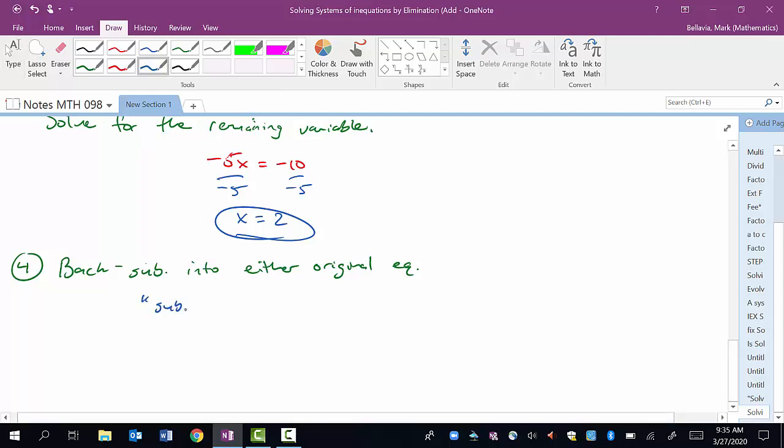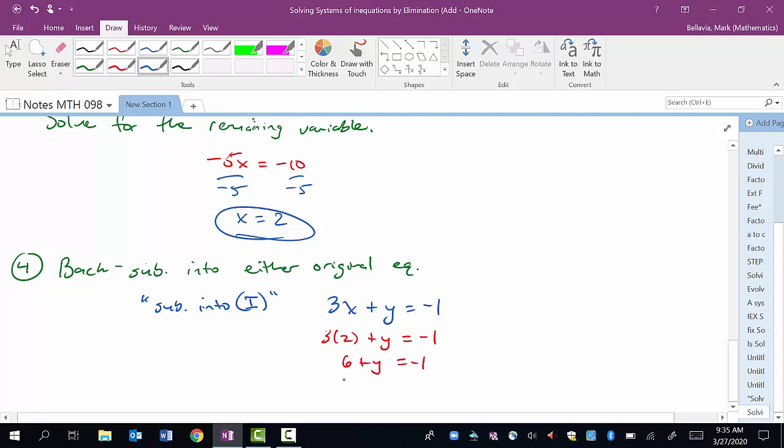So if I want to back sub in either original equation, I'm going to just choose, just for myself, to sub into equation 1. Equation 1 was the 3x plus y equals negative 1, if you remember that from above. And substituting into that, we're just subbing in 2, because that's what x was. So we got 3 times 2 plus y equals negative 1. 3 times 2 is 6 plus y equals negative 1.